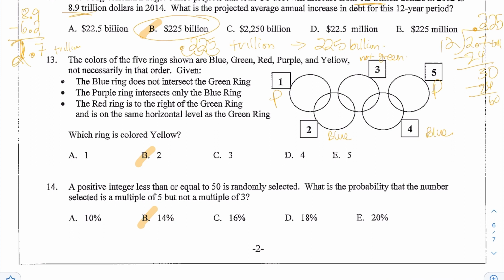But wherever the green is, the red ring is to the right of the green ring, and it's on the same horizontal level as the green ring. So red has to be all the way to the right of green. So you can't have green in position 1, because then that would be red here. And one of them has to be purple. So therefore, you must know that green and the red has to be on the bottom.